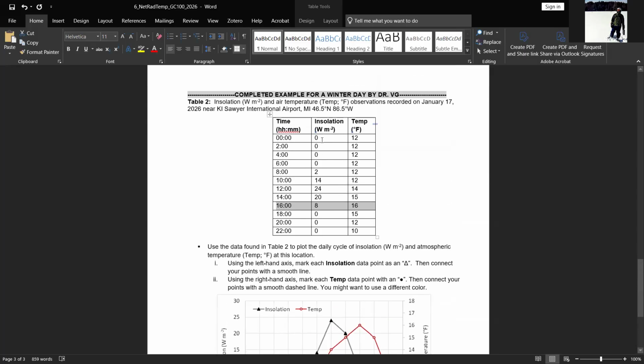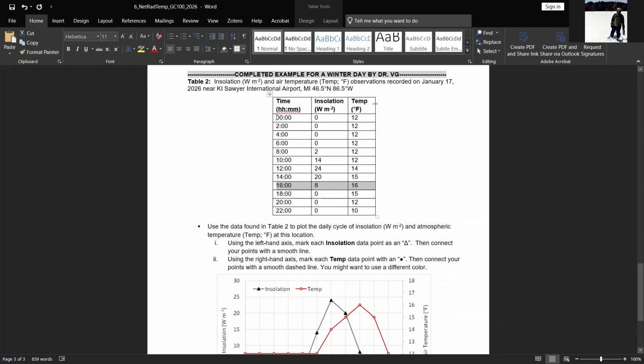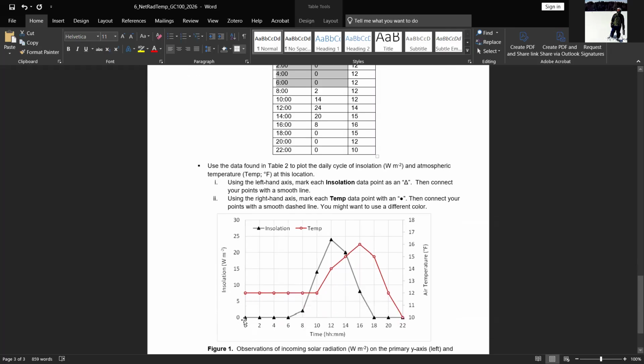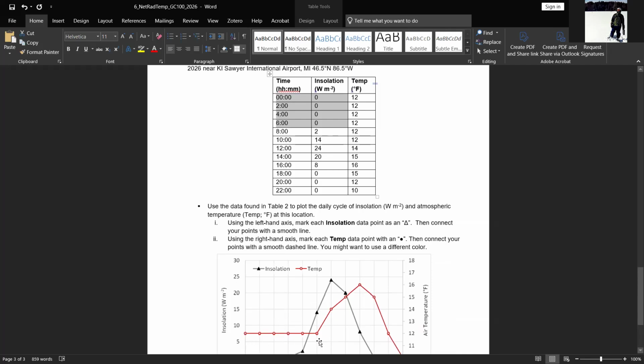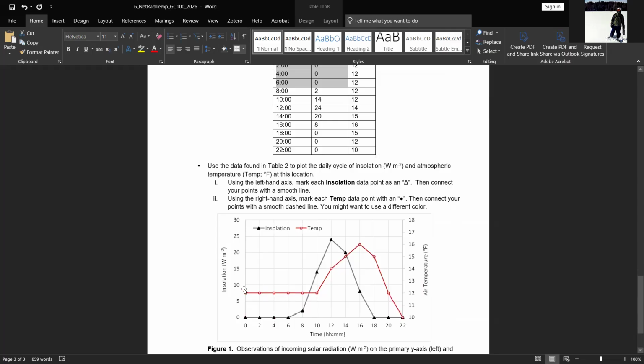It's talking about minimums, and if it says a time range, for example, if there's no insulation between midnight and 6 a.m., you could simply say there was zero insulation between midnight and 6 a.m., and that would be a great response. Or similarly for temperature, the coldest temperature here was observed at 10 p.m. on January 17th.